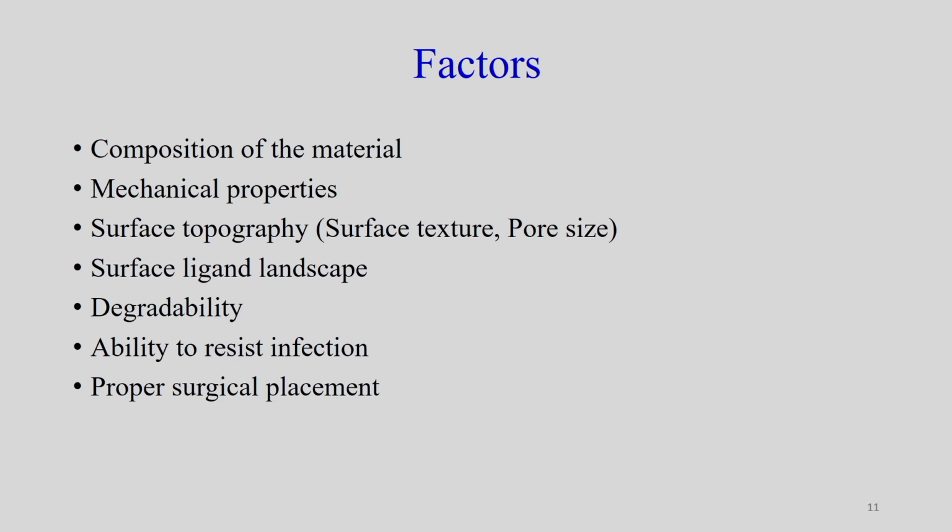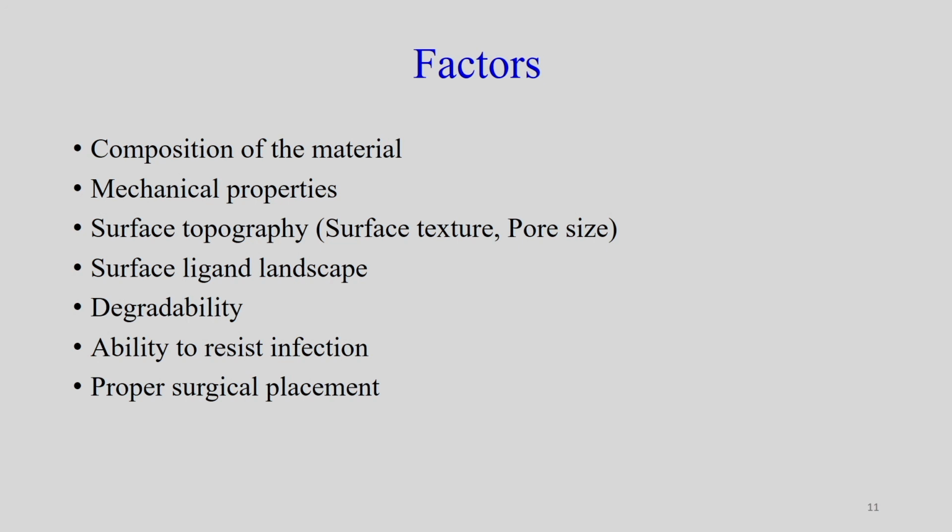Now, what are the different factors which affect the cell surface interaction? The first thing is the composition of the biomaterial, whether it is toxic or whether with time it is releasing some toxic components.